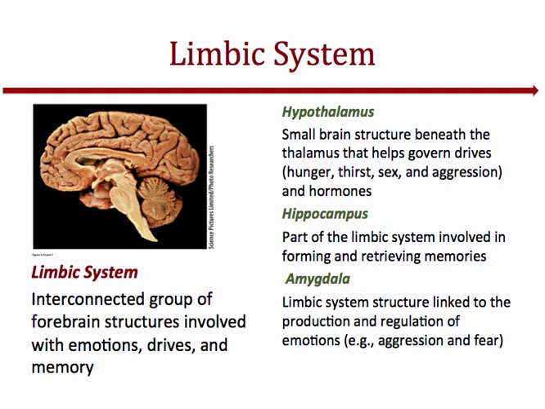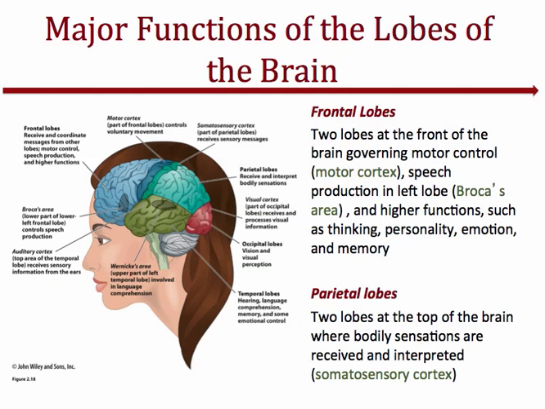So the amygdala and the hippocampus work together. One is more involved in emotion, one is more involved in memory, but because of the interaction between these two brain structures, that tends to be why we have the best memories for things that had an emotional component.